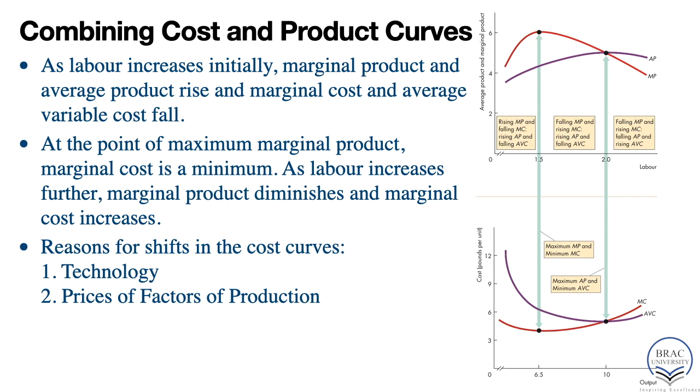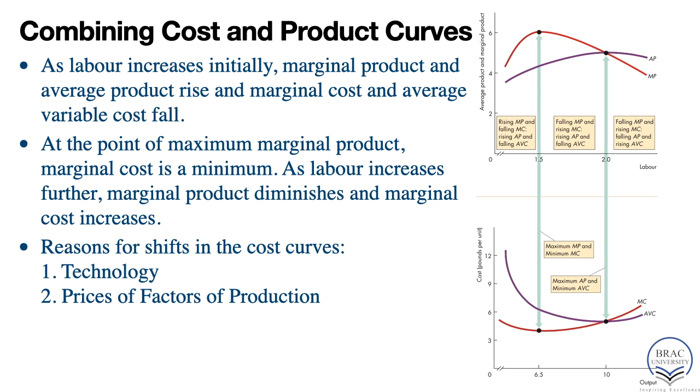As labor increases initially, marginal product and average product, as you can see, rise, and the marginal cost and the variable cost fall. Then, at the point of maximum marginal product, the marginal cost is at a minimum. And as you know, as labor increases further, marginal product diminishes, and thus the marginal cost increases.